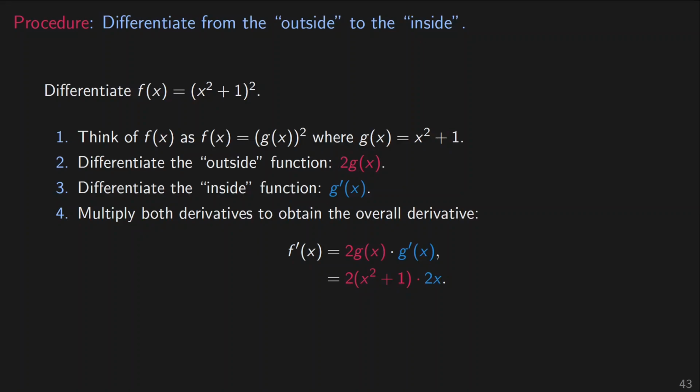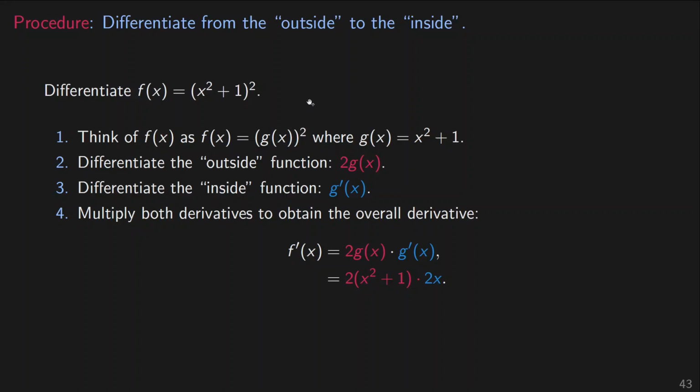Right? And so you can think of such a function as a composite function, because you can think of f of x as f of x is equal to g of x squared, where g of x is this interior function x squared plus 1. And so the outside function is the squared function, right? We take something to the power 2. That's the outside function. And the inside function is g of x.